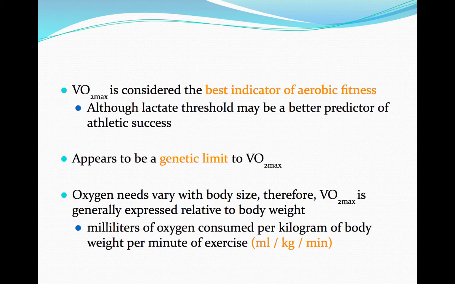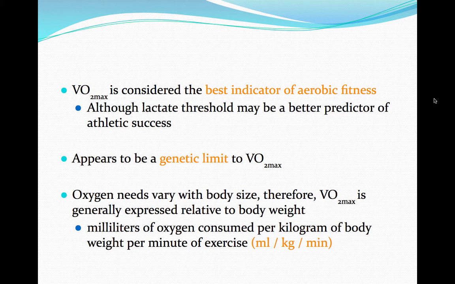Oxygen needs vary. Obviously, a larger person is going to consume more oxygen. So the best measurement that we do is we actually do relative. Units are milliliters per kg per minute because it's looking at how many milliliters of oxygen you're consuming per kilo of body weight per minute.